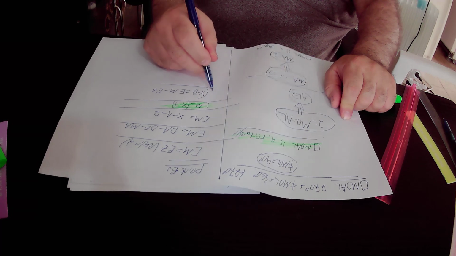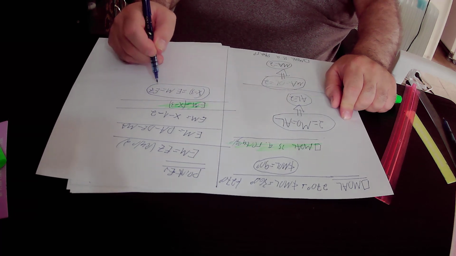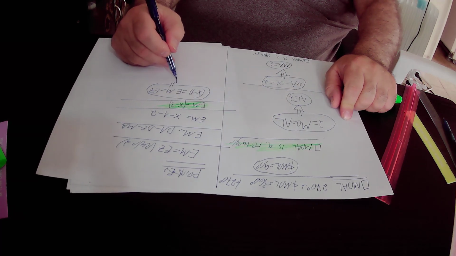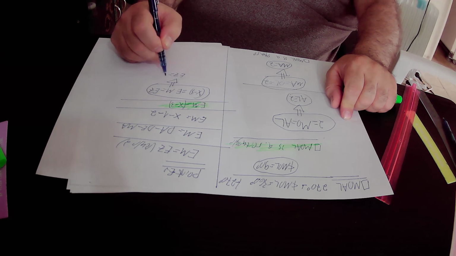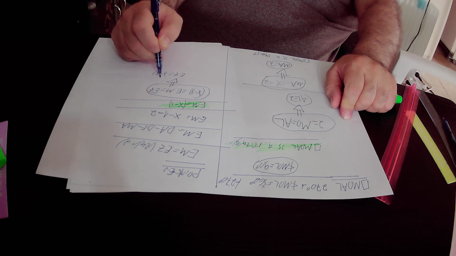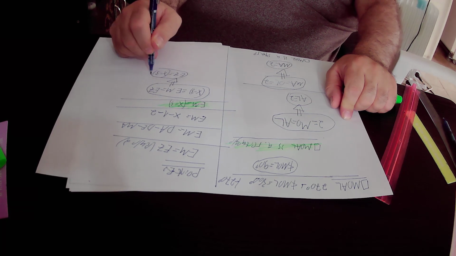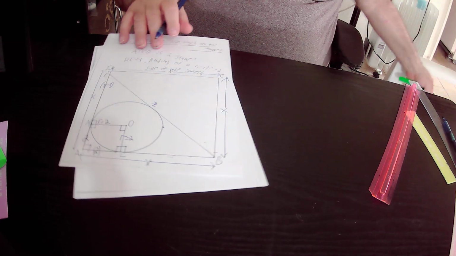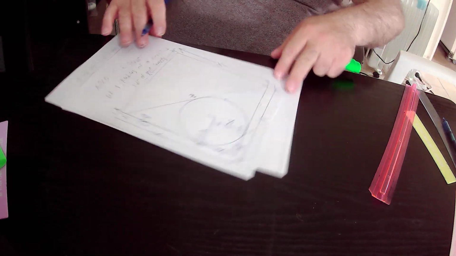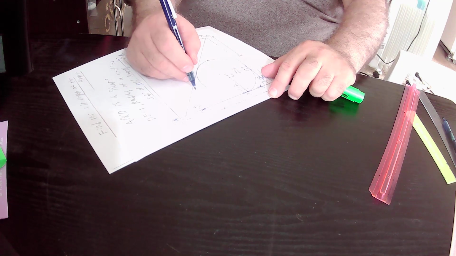And from this equation, X minus 3 equals EM equals EZ, we derive that EZ is also equal to X minus 3. EZ equals X minus 3.